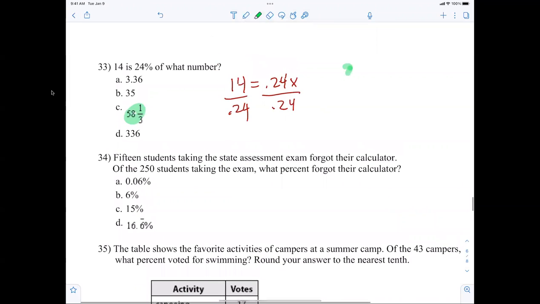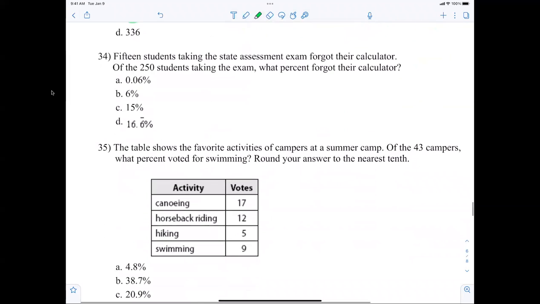You could do it that way. You could say 24 over 100 equals 14 over x, though. Is over of. The 14 is next to the is. You with me now, right? All right, let's check out 34, please.